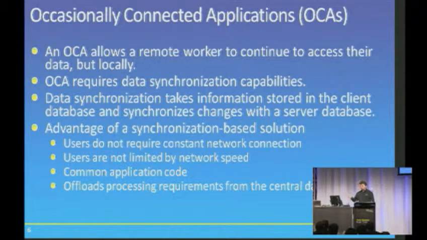So this takes care of most of the disadvantages. Users don't require constant network connection. They're not limited by network speed. You're on your local machine. Common application code. The code is exactly the same as the code written inside the enterprise. And we offload processing requirements because now instead of doing lots and lots of small hits, we're just going to stream a bunch of data every now and then, which will be all the changes.